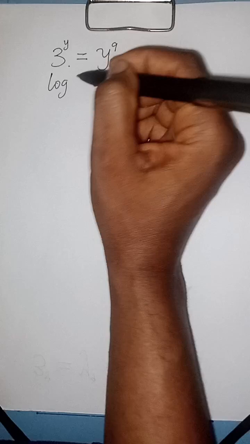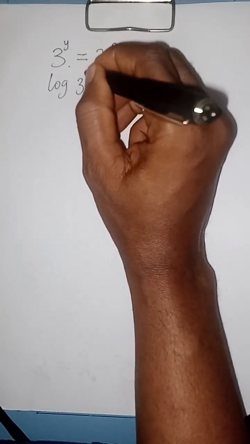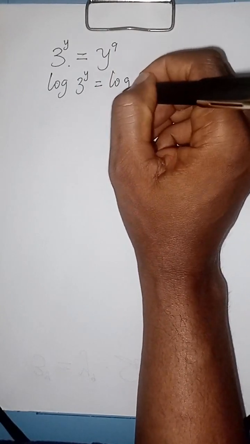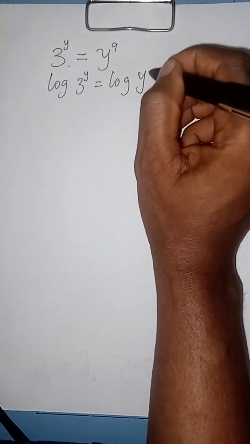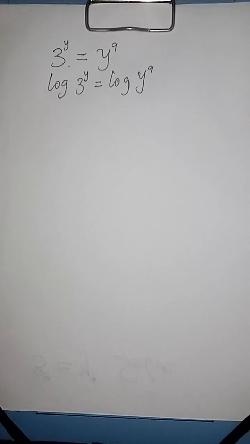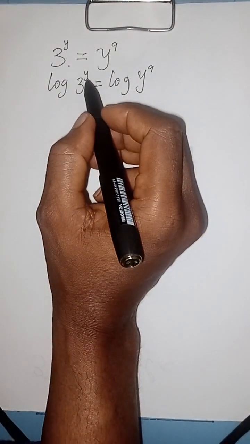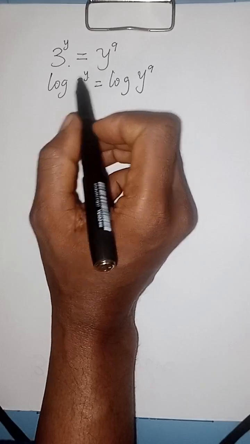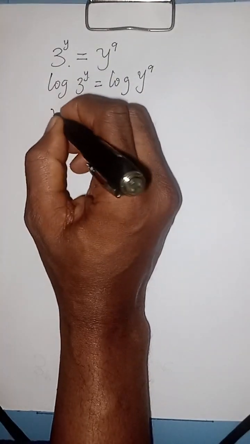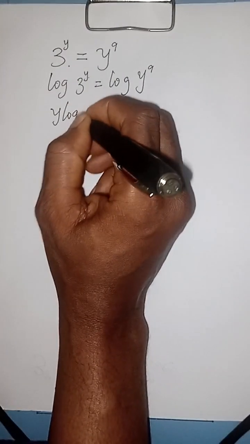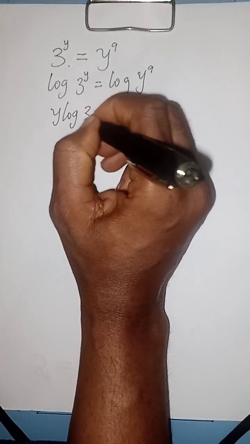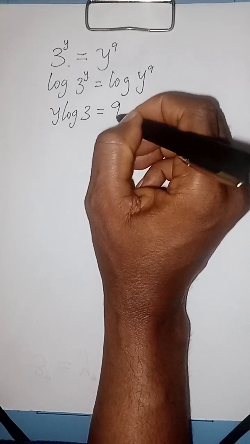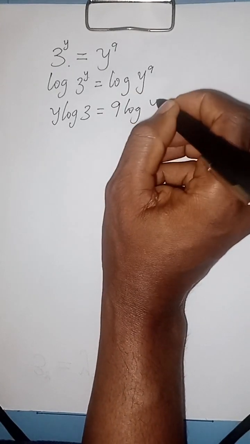So it's going to be log 3 raised to power y is equal to log y raised to power 9. Now, the laws of logarithm show that you can bring the y to the side of the log so that you have y log 3 equal to the same thing on your right-hand side, 9 log y.